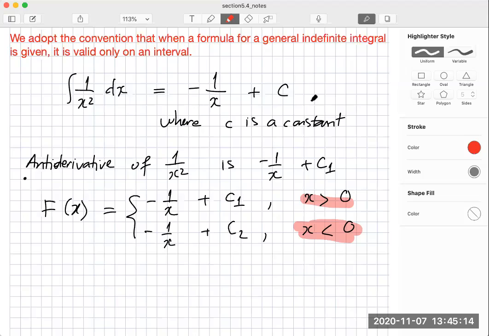Now, let us take a look at this example.